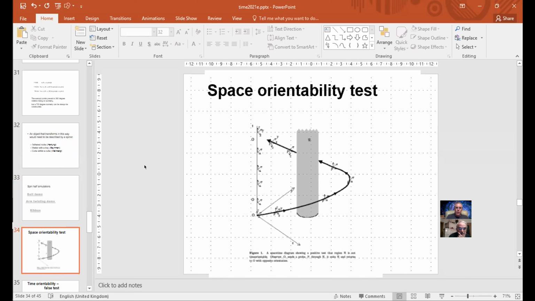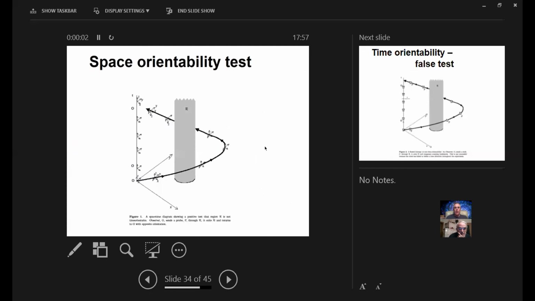Yeah, it's not displaying on my. That's it. Okay, I'm back where I was before now.